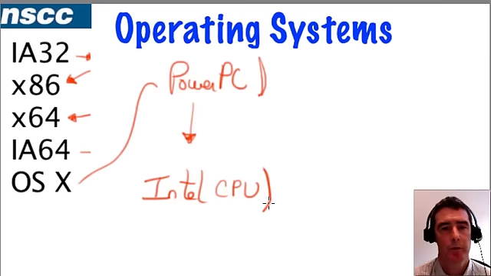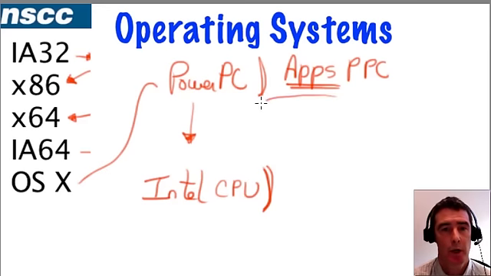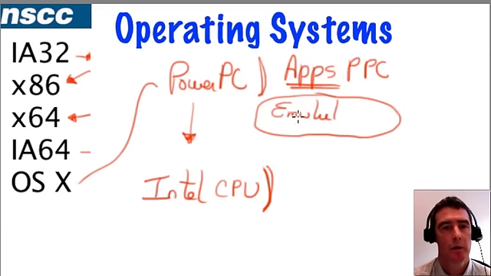Their new operating systems run on Intel, and part of the problem was that apps had to be written for one or the other CPU. So if you had a PowerPC application, initially you had to run it through an emulator if you were running on an Intel processor.